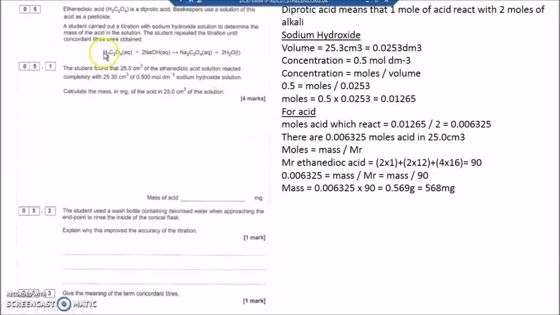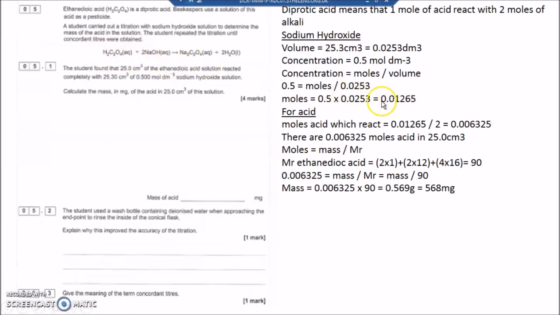Now, why have they given me an equation? What is an equation? An equation is a recipe, a chemical recipe to show me the amounts of chemicals that react together and what's made. So I've got 1 mole of the acid reacting with 2 moles of sodium hydroxide. I've got the molar ratios 1 to 2. So if I've got 0.01265 moles of sodium hydroxide, 2 moles of sodium hydroxide will react with 1 mole of acid, half the amount.